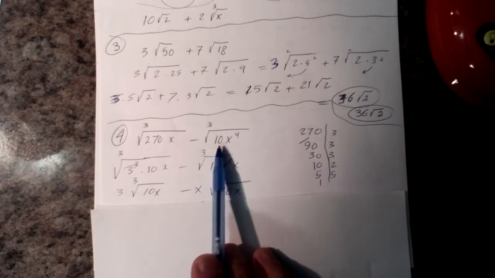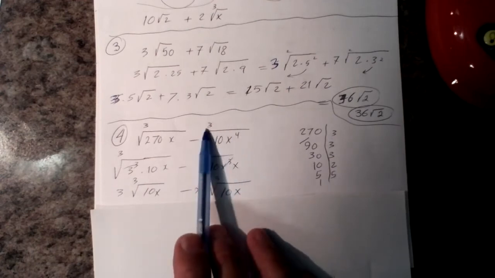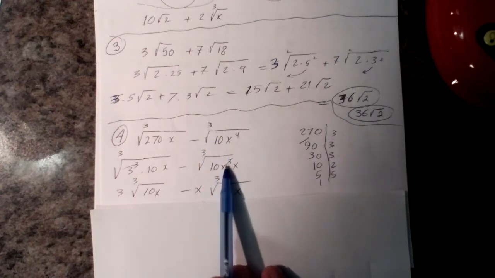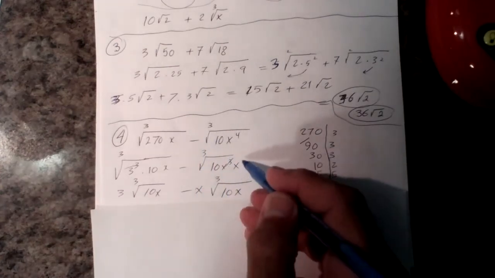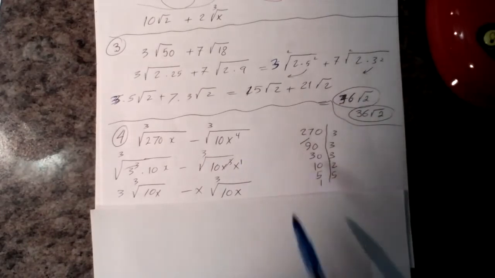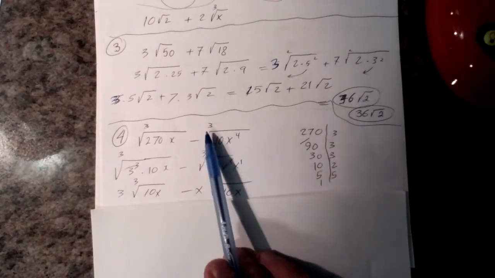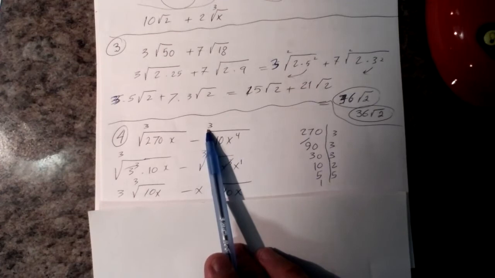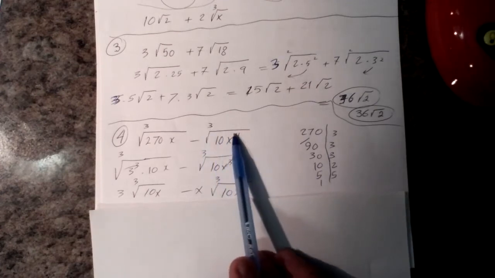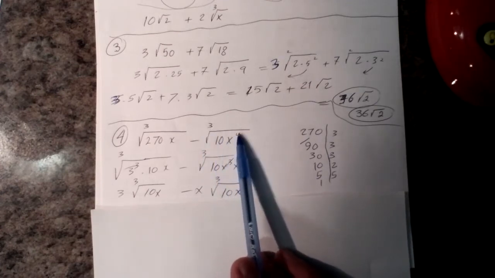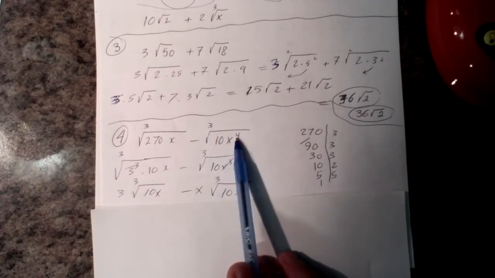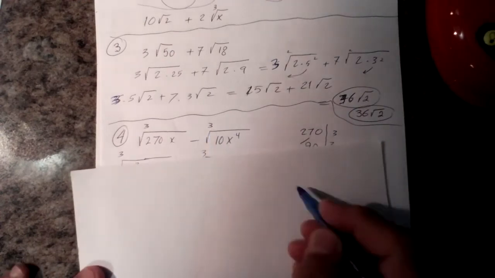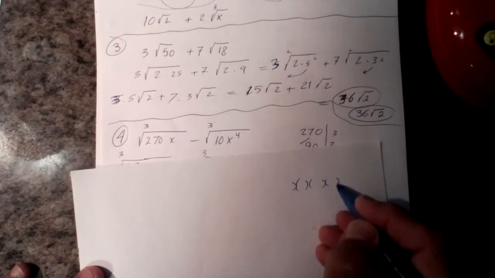And here, x to power of 4, since the root is 3, we write x⁴ as x³ and x¹. You don't have to put that one. So you always look at the root, what number you have on the root, and try to have a multiple of that. So if I have x⁴, x⁴ is what? Means x times x times x times x.